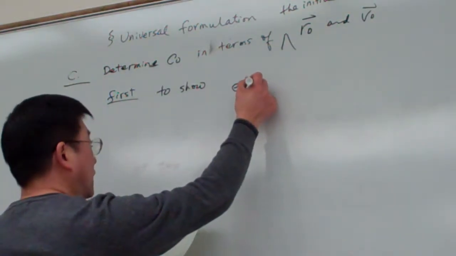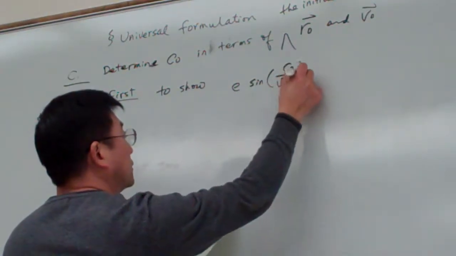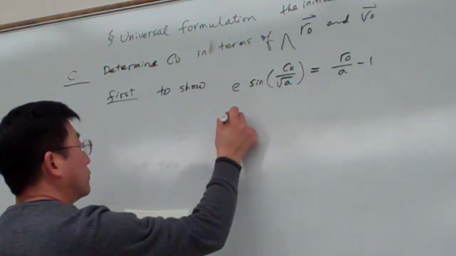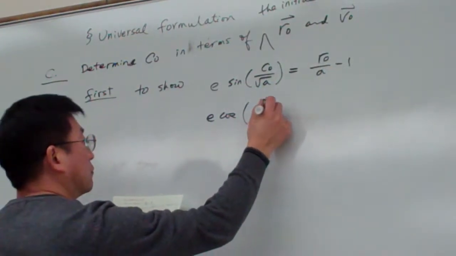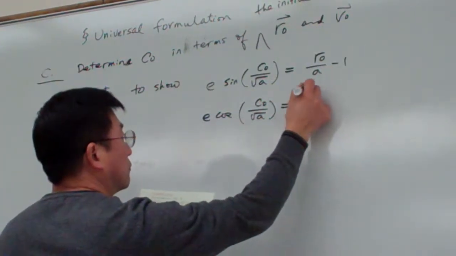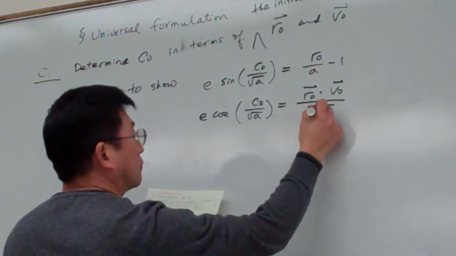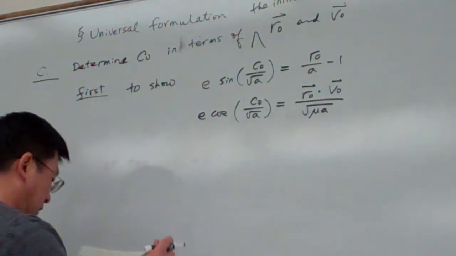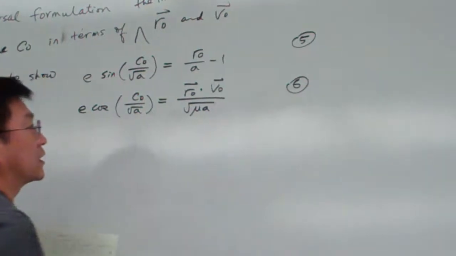E sine C0 squared A. Okay, we're going to use this one to obtain our information. And so that is kind of the useful information. And let me say this is equation 5, equation 6.